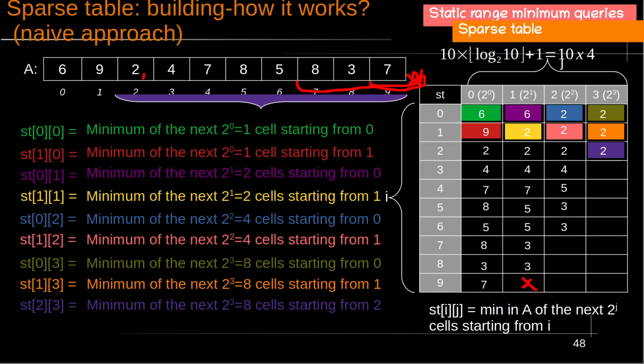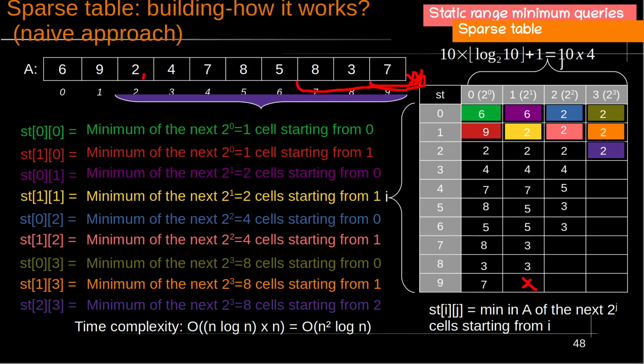But this approach is naive because to build the sparse table, we have to fill all the matrix which takes n log n time complexity, and for every cell we're going to iterate over the number of cells.